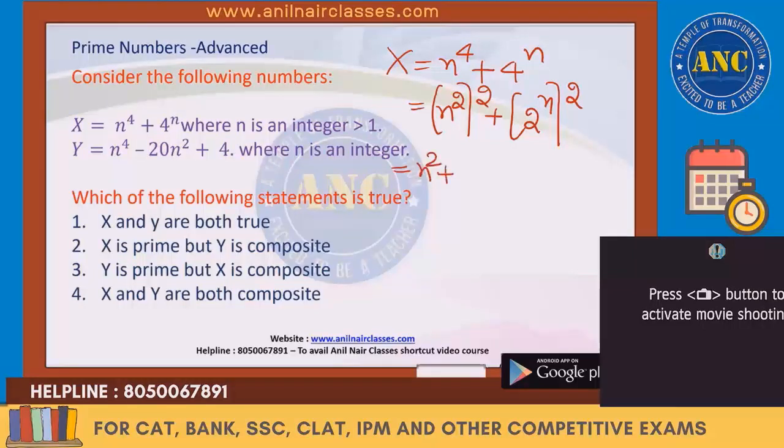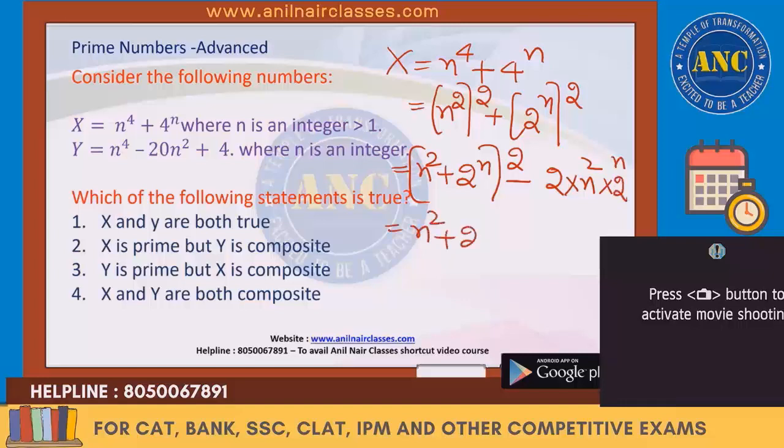A square plus b square is a plus b whole square minus 2ab, so minus 2 into n square into 2 power n. So this is n square plus 2 power n whole square minus n square into 2 power n plus 1.